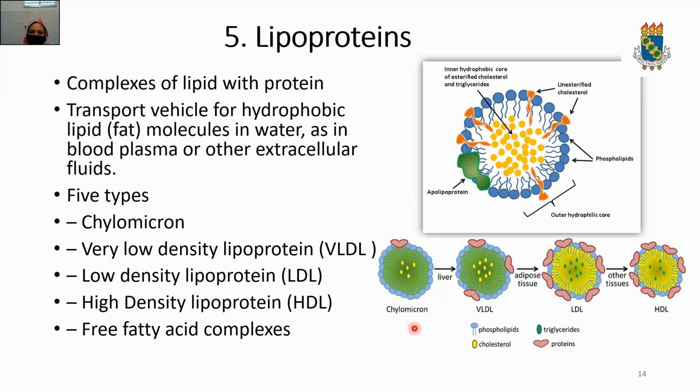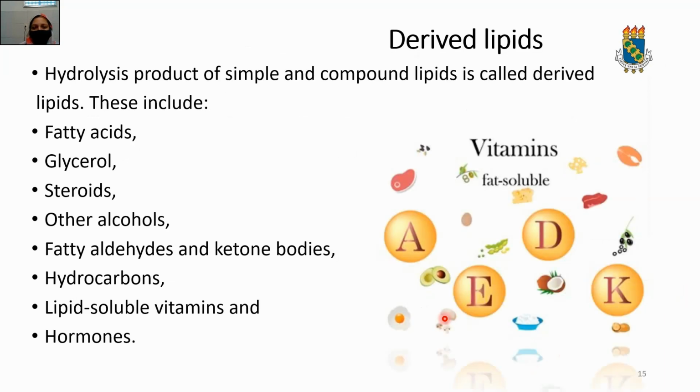In the case of chylomicron we have less cholesterol. Here the yellow dots represent the cholesterol, and also fewer proteins are attached. In the case of VLDL we have comparatively more cholesterol and hence more proteins, while in the case of LDL and HDL, low density and high density lipoprotein, you can see that the number of cholesterol molecules is higher, as well as the number of protein molecules. So these are the different classes of the compound lipids.